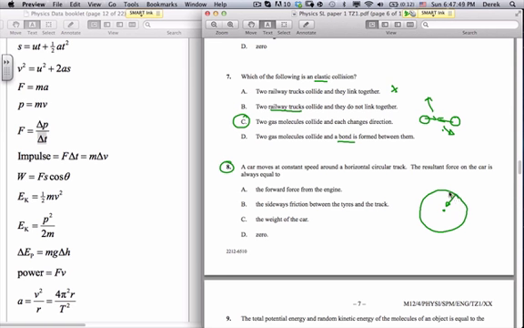The only acceleration is a change in direction. That's always towards the center, so it won't be a forward force. That's not correct. The sideways force between the tires and the track, that's what's keeping this car changing direction, so B is the correct answer. The weight of the car is not going to do anything, and it's not 0, so B is the correct answer in that case.